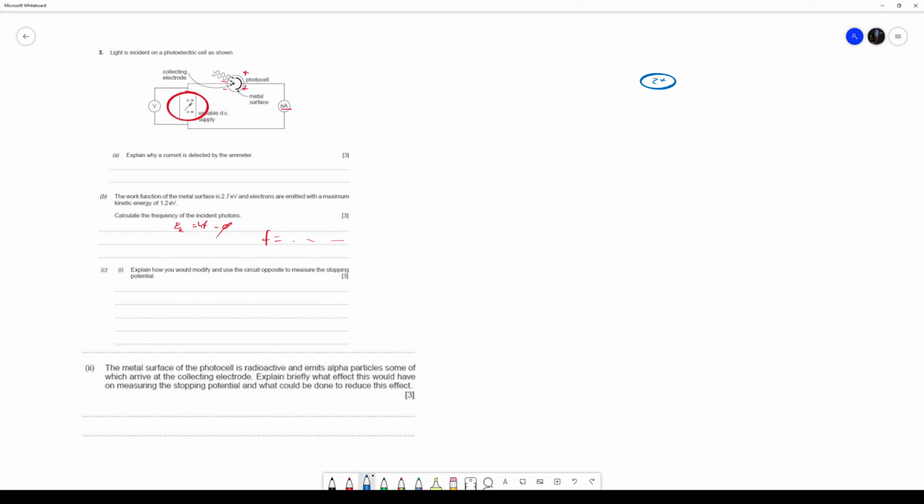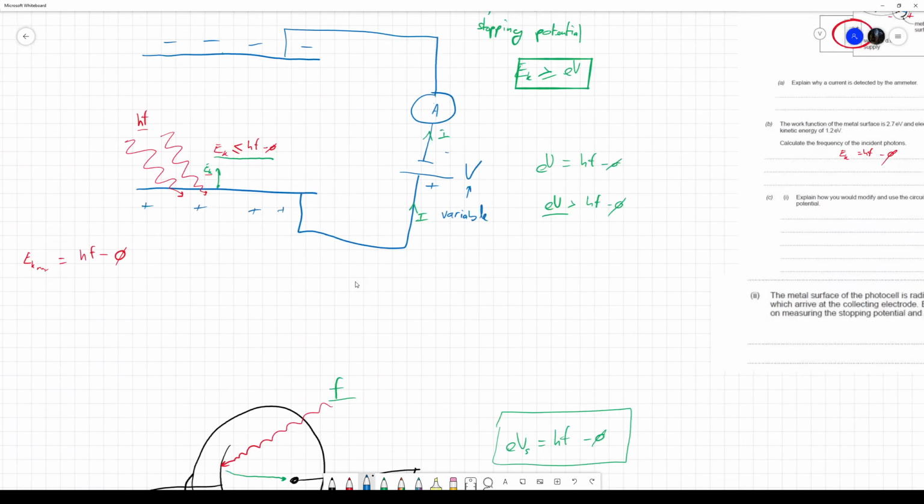So if I set this potential difference to 0 and remove the light, I'll still have alpha particles crossing the gap, and I'll get a current measured here, and all I've got to do is take that into account in all my readings. Right, good. Hopefully that makes sense.